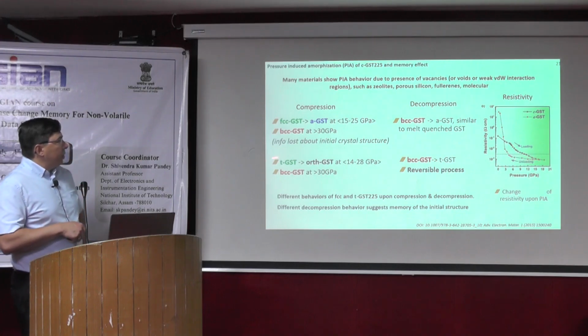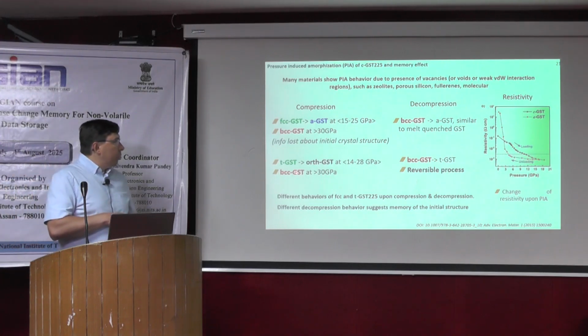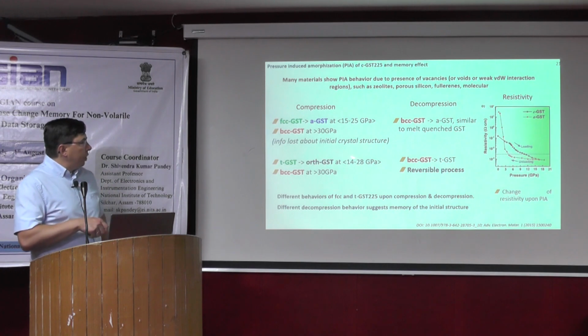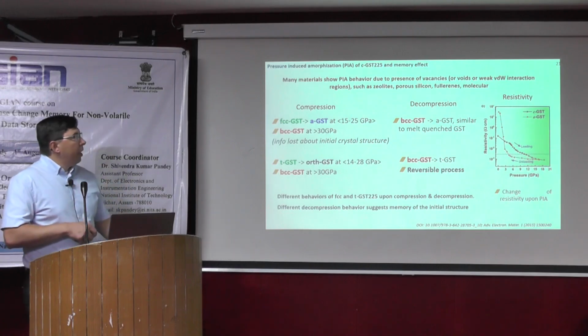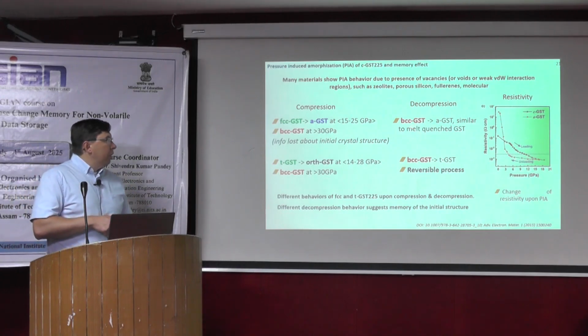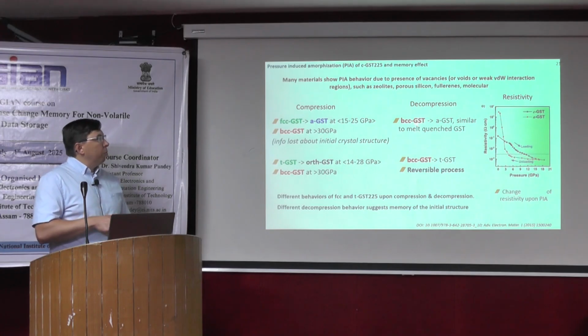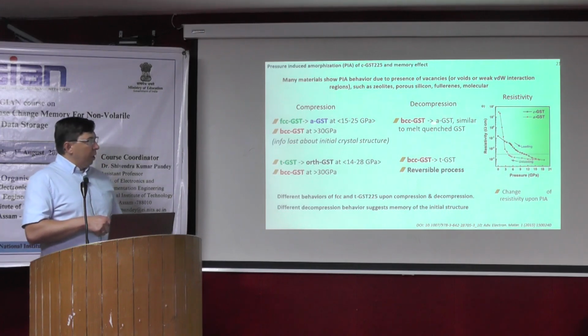If we compress the TGST, then we go to the orthorhombic GST, and then again to BCC GST. On decompression, the BCC GST is transformed to the amorphous GST, which is similar to the melt-quench phase.